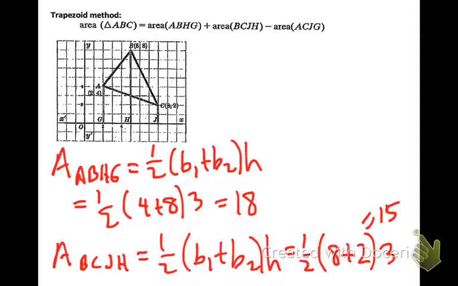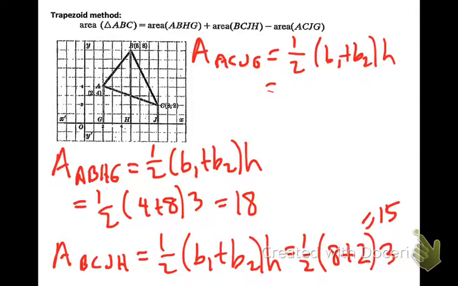Then we do the trapezoid whose bases are 90 degrees from the other bases, right? It's turned on its side. So the trapezoid ACJG is equal to 1/2 base 1 plus base 2 times the height. So that's going to equal 1/2 of, what's my base going to be for ACJG?